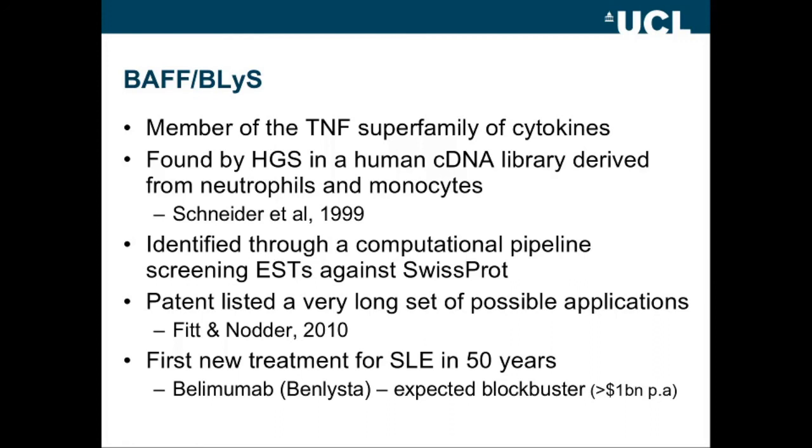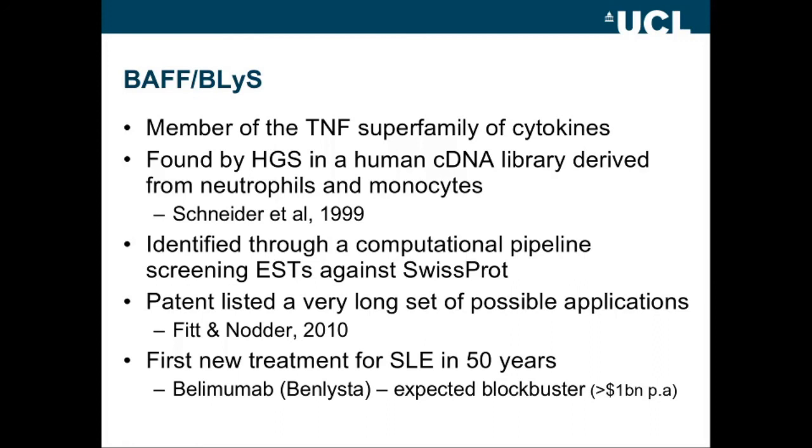and they did exactly what I described. They set up a computational pipeline after taking the cDNA library and doing this EST sequencing. EST is expressed sequence tags, so it's just a case of sequencing the first and last 500 or 600 bases of cDNA copies of RNA.